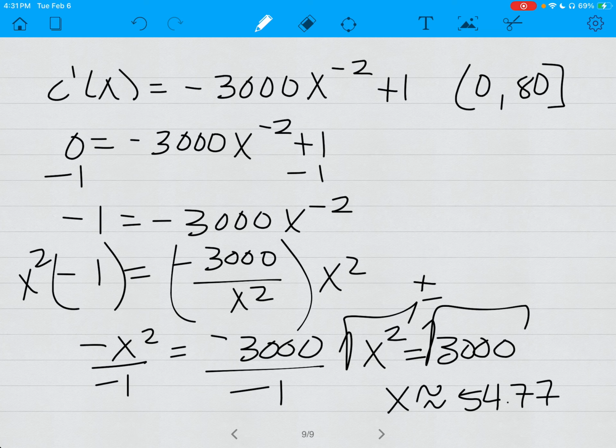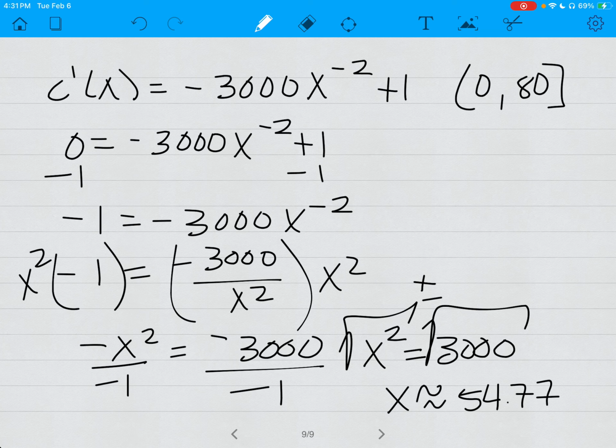So we do, in fact, have a case where within this interval, there is only one critical point. By the critical point theorem, if this ends up being a local min, then it's also the absolute min. Okay, and that's what we're trying to find. What is the absolute minimum total cost?